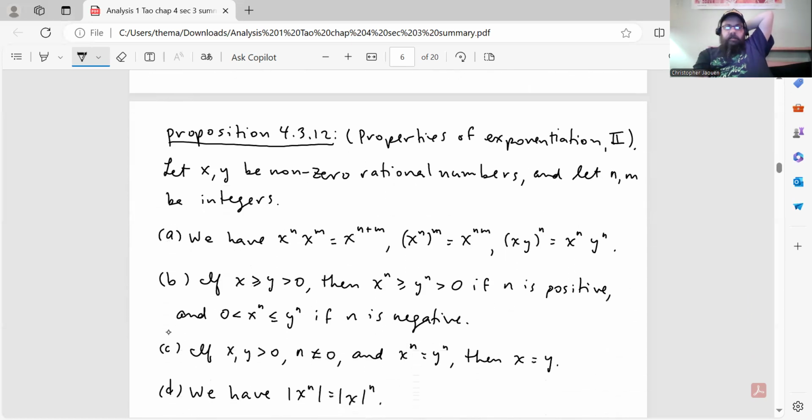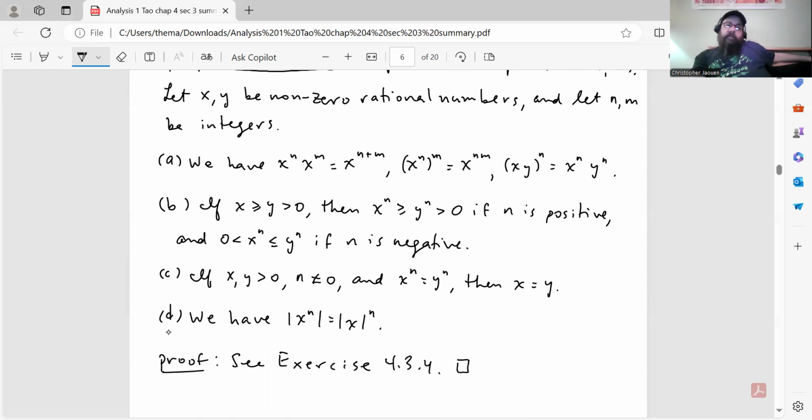So there are very similar properties here, but I'll read them out anyway. Proposition 4.3.12 says let x, y be non-zero rational numbers, and let n, m be integers. Then we have 4 properties. The first one is similar to the first one in the previous proposition.